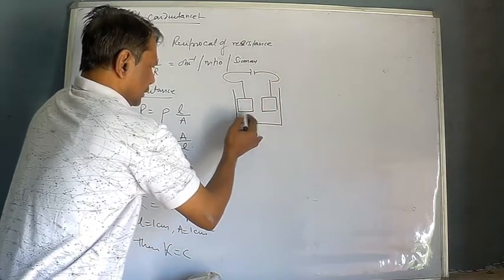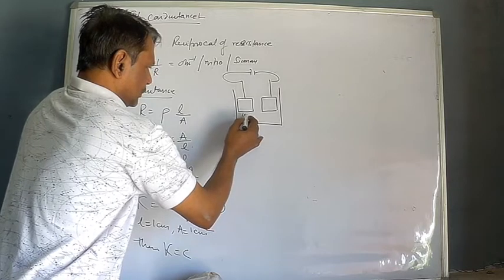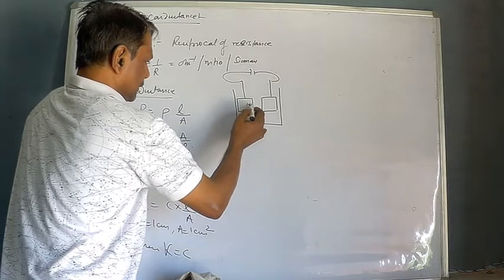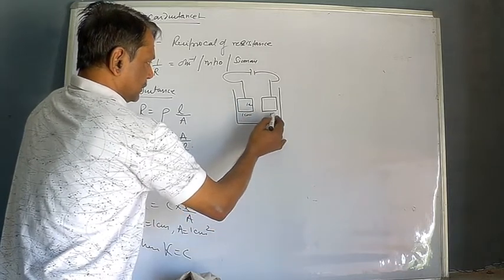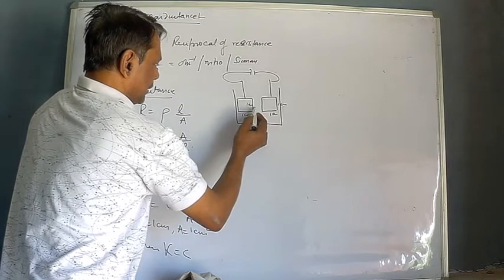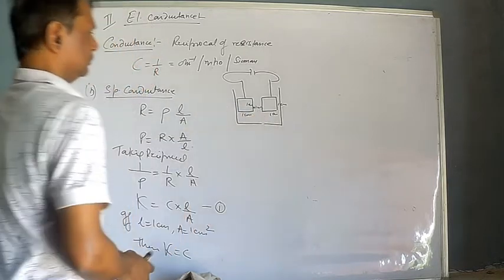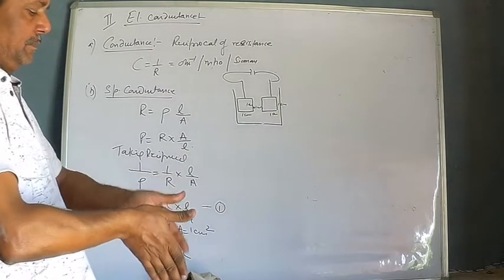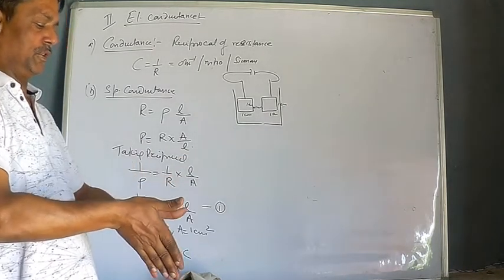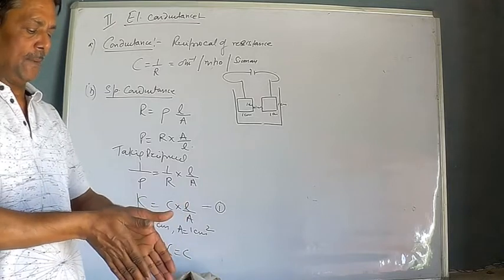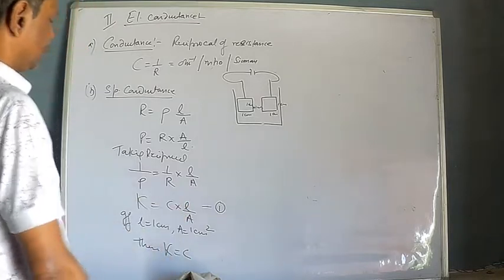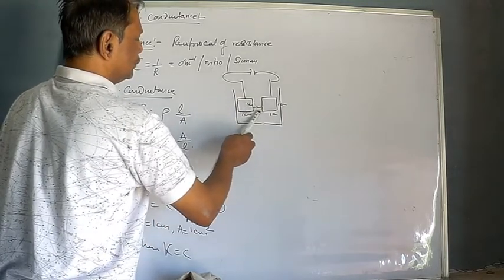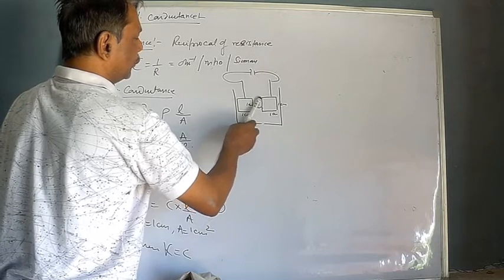Let us take length of the electrode as 1 centimeter and breadth also 1 centimeter, and distance between them is also 1 centimeter. Two plates are being taken. So class, we can very well say that the liquid present here is 1 cc, 1 centimeter cube volume.